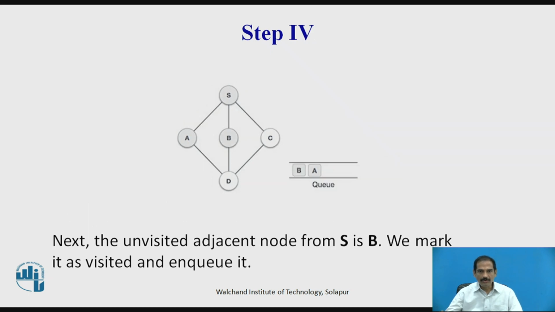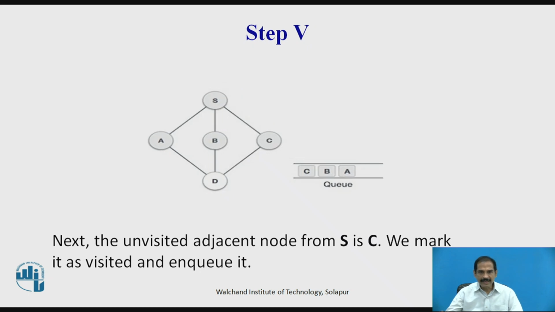Next, we look from S for the unvisited adjacent nodes, and here we encounter B. We mark it as visited and enqueue it. So now our queue has first A, and now B has been pushed into our queue.